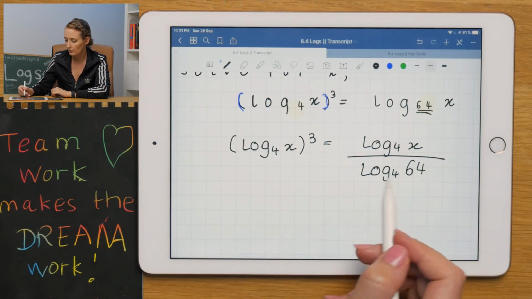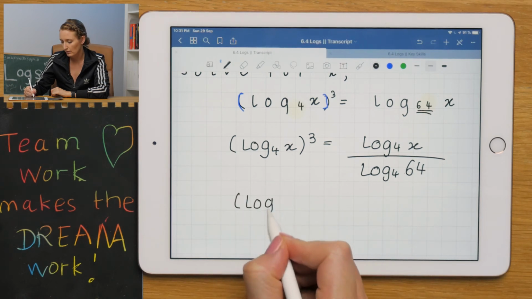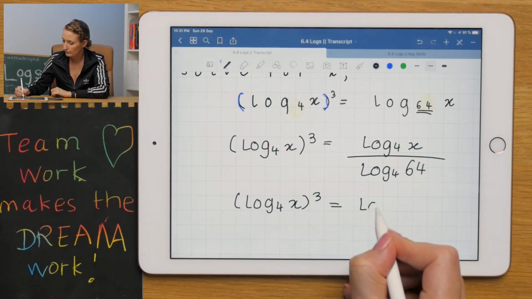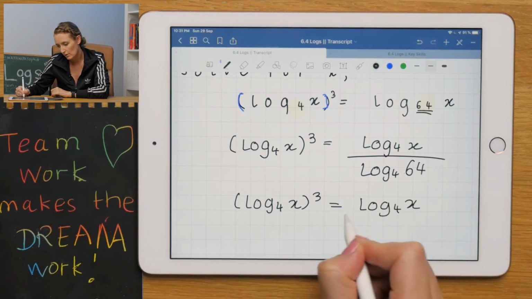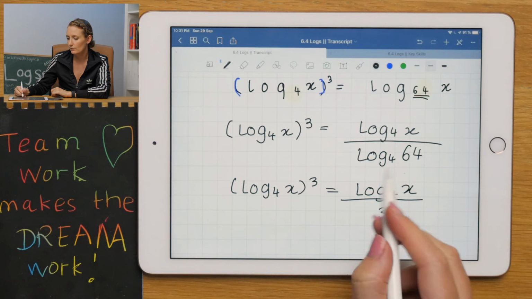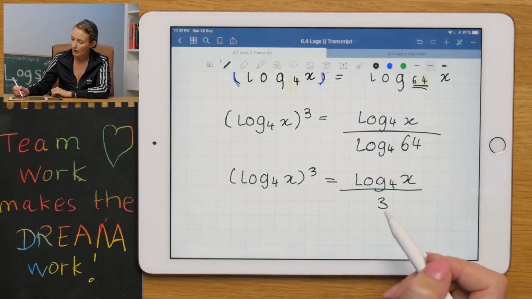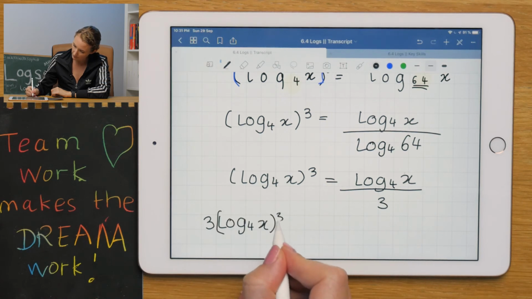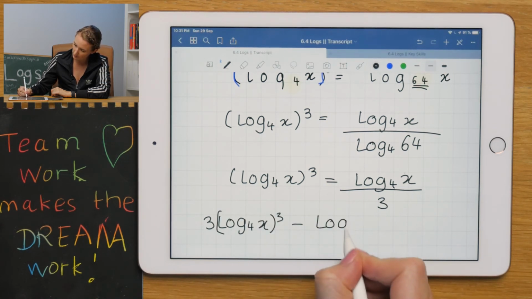What is log base 4 of 64? It's going to be 3, because 4 cubed is 64. I'm going to multiply the 3 up.